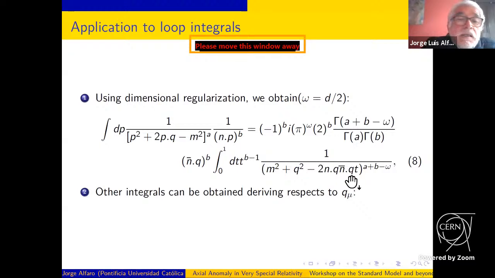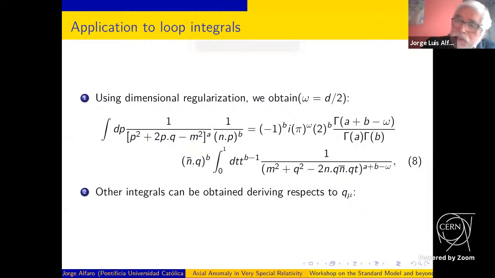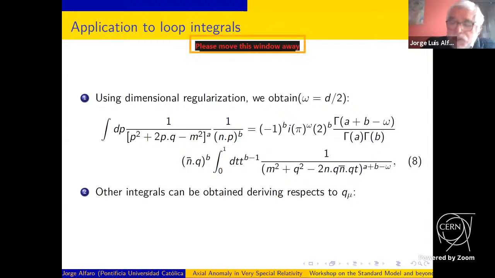Other integrals can be computed by deriving with respect to p^μ, so that if you have a p^μ in the numerator, then you can obtain that simply by differentiating. And so any integral you need to compute the loops can be obtained this way. So you get the closed expression just using dimensional regularization and the scaling.